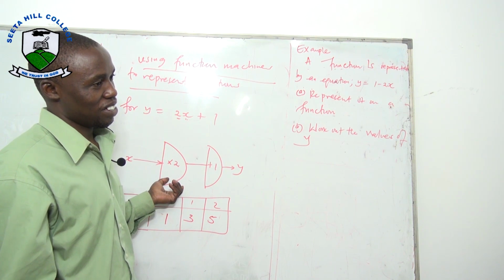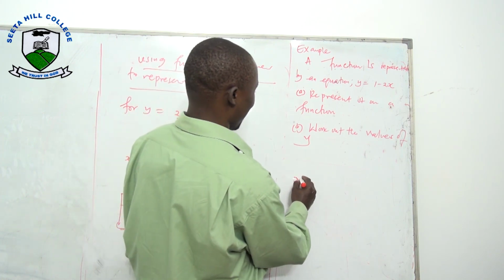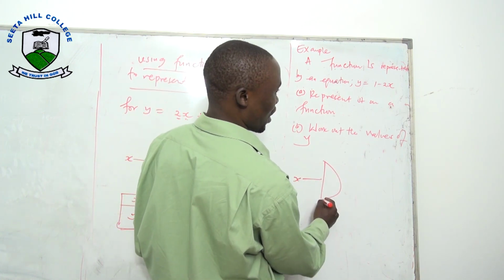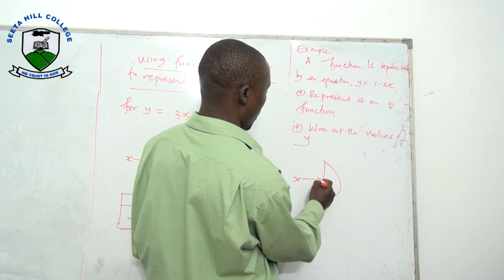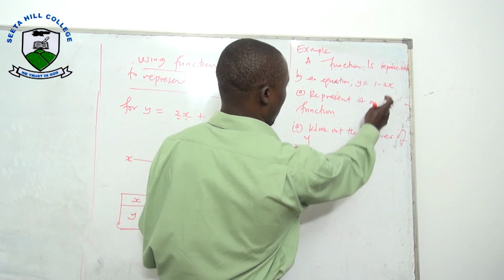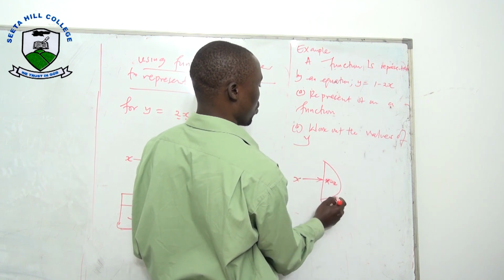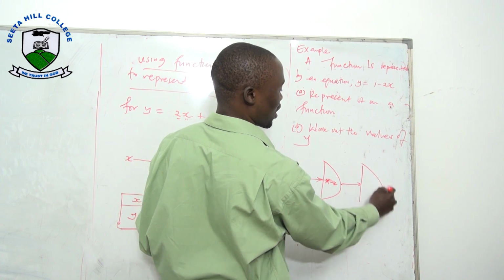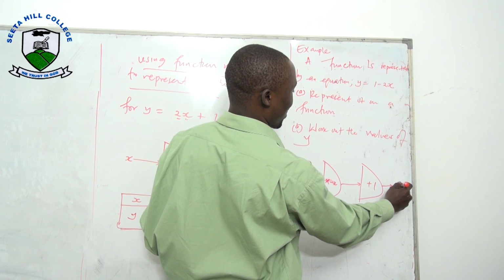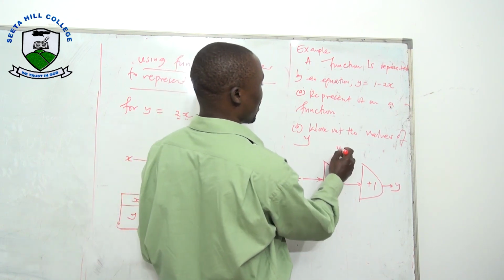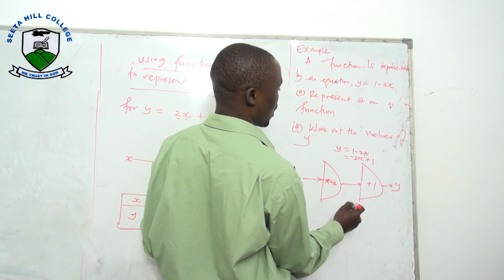X equals minus 2. What are you doing to x? To multiply it. Negative 2 times negative 2. Then what are you doing next? Plus 1. Plus or minus 1? Plus 1. You are simply saying this one can be written as negative 2x plus 1.